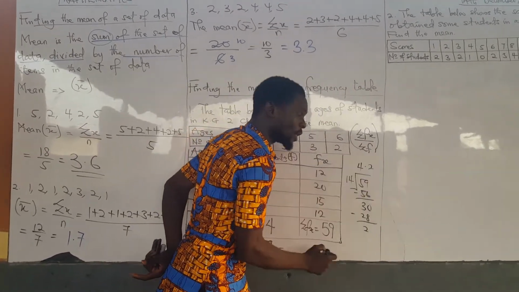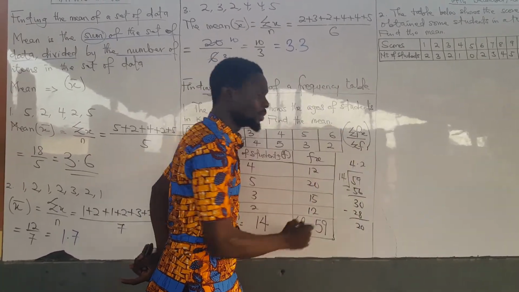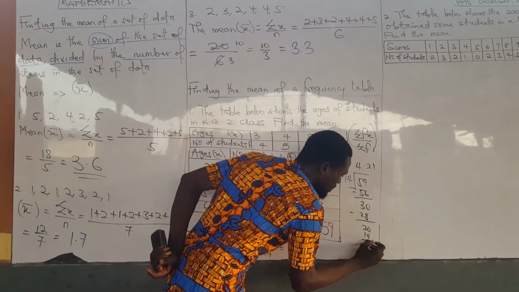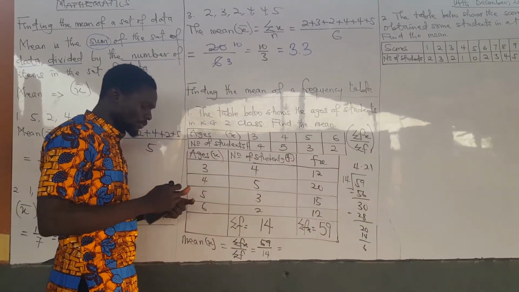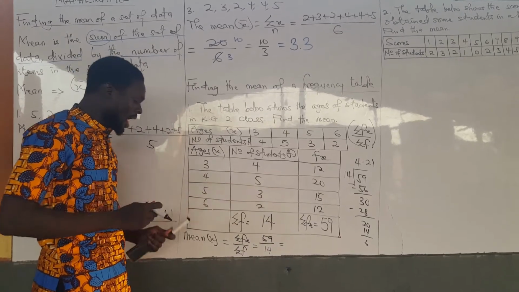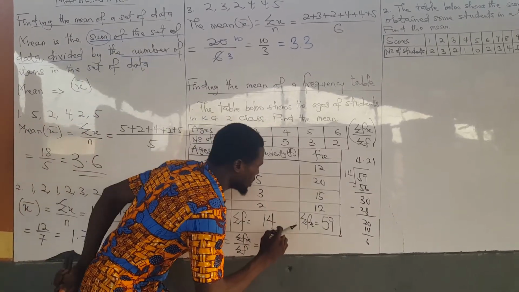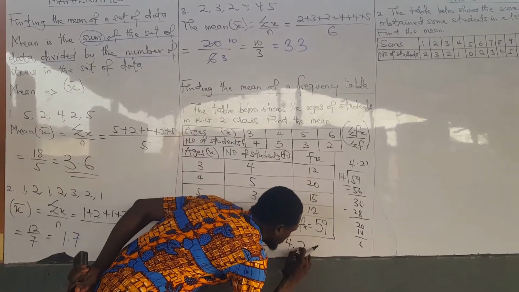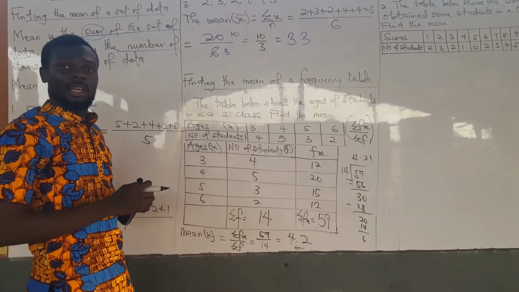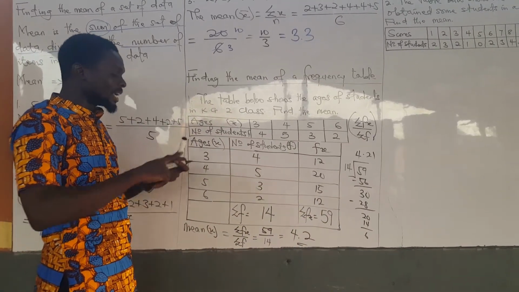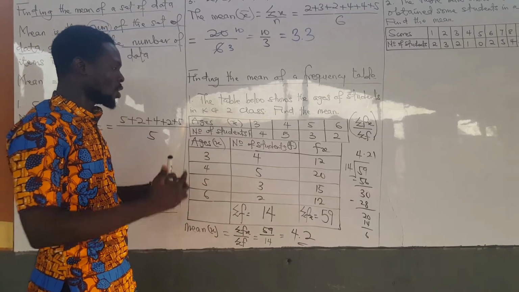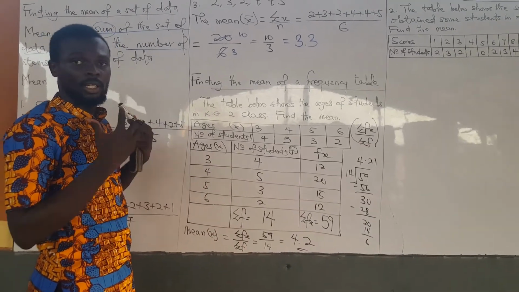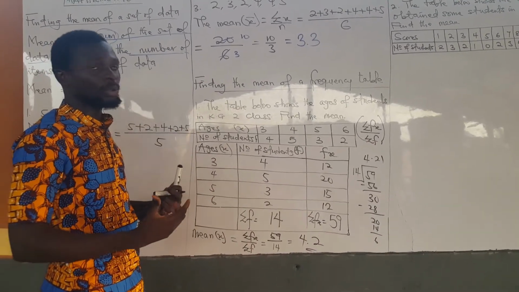Because there's a decimal point here already, we bring 0, and so on and so forth. So to one decimal place, the mean for this frequency table is 4.2. And this is how we calculate the mean of a frequency distribution table.